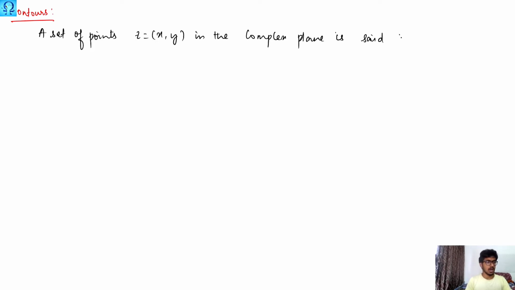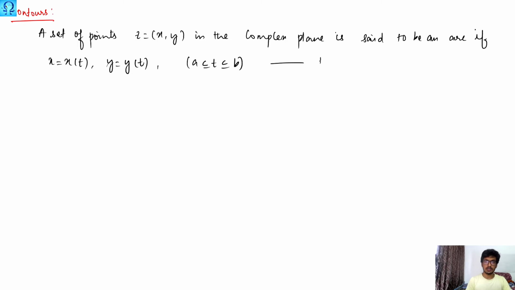But before introducing what we mean by a contour, we start with some basic things. That is, a set of points z, which is an ordered pair (x, y) in the complex plane, is said to be an arc if x takes the form x(t) and y takes the form y(t) for t lying between a and b.